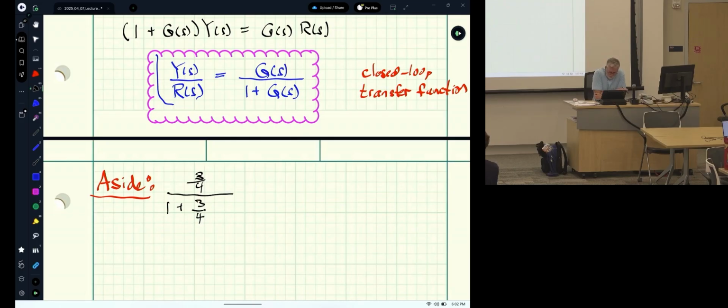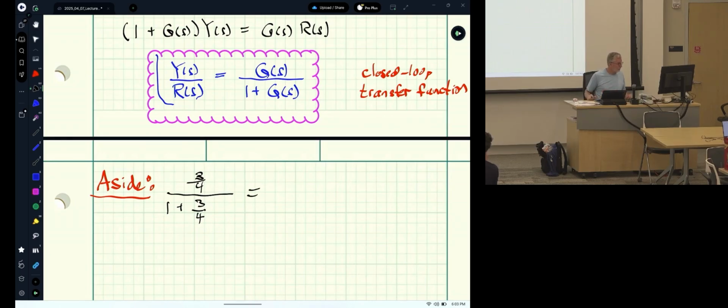So how would you write that as just a normal rational number? I want to write that as m over n, where m and n are two integers. How do I go from rational over 1 plus rational to just a simple rational number, a ratio of two integers? How do I do it?